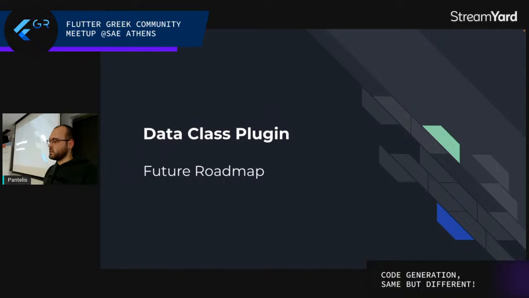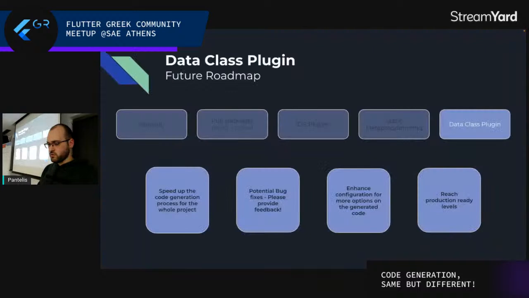So what's next for the data class plugin? There are a lot of thoughts, but for now, one of them is to speed up the process of generating the code for the whole project. We need to find a way to do this as quickly as possible, do any potential fixes, and yeah, bug fixes, improvements, whatever is needed. This is where you, the community, and everyone that will use or try the plugin can provide some feedback.